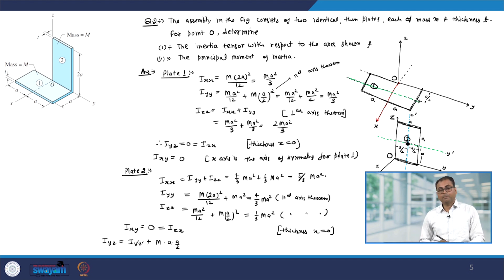Okay. Now, Iy'z' will be equal to 0, because the plate is symmetric about the y prime and z prime axis. So, that is equal to 0 plus m a square divided by 2, which is equal to m a square divided by 2.